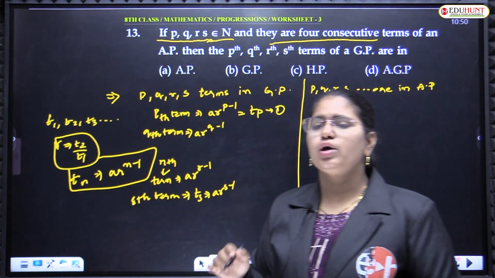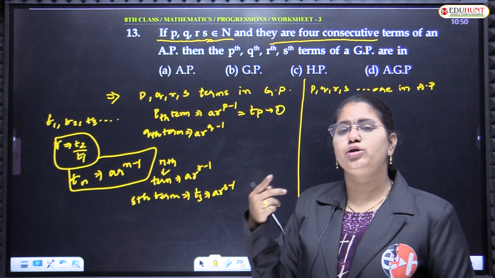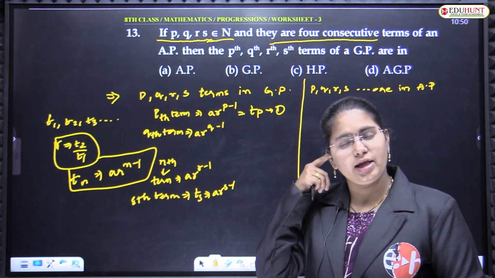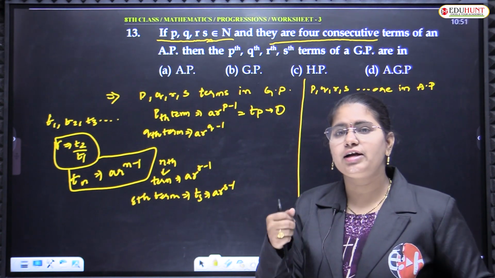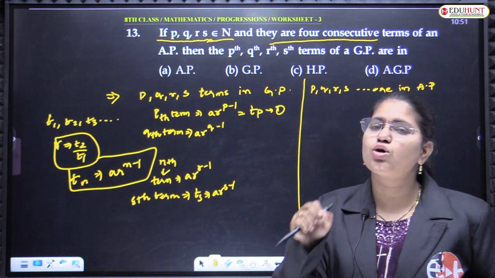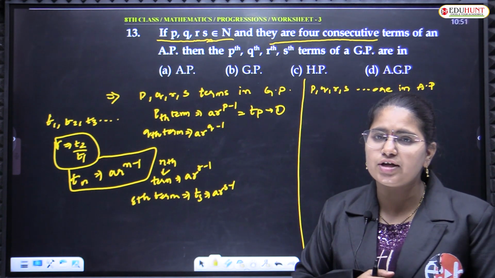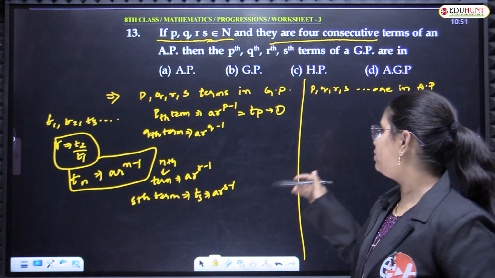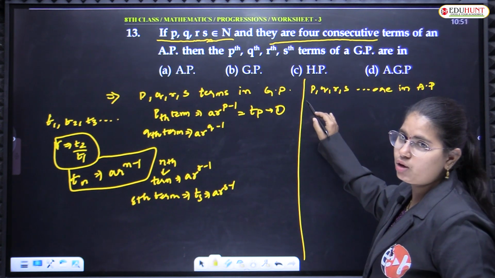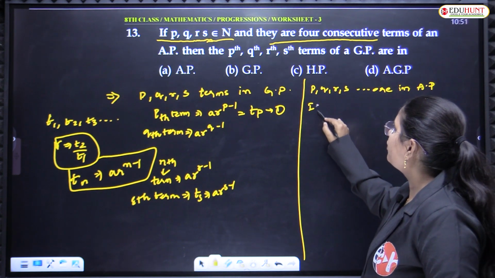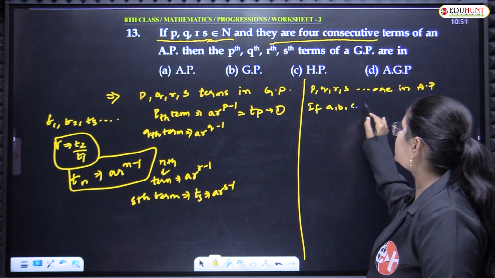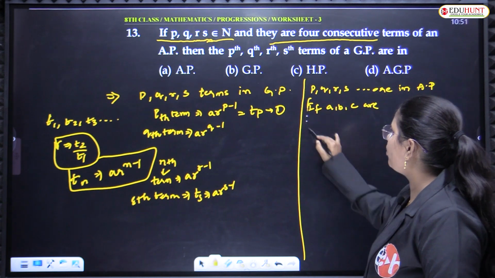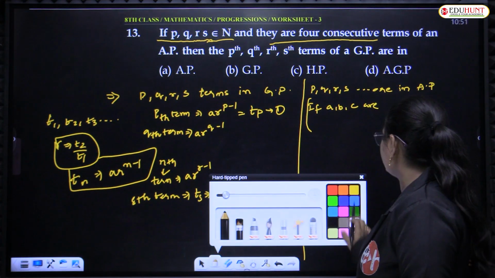If A, B, C are in AP, we can write twice the middle term is equal to A plus C. Do you remember? I just want to make a recall of AP also. If A, B, C are in AP, this is a note point. Just a minute, I will highlight this.